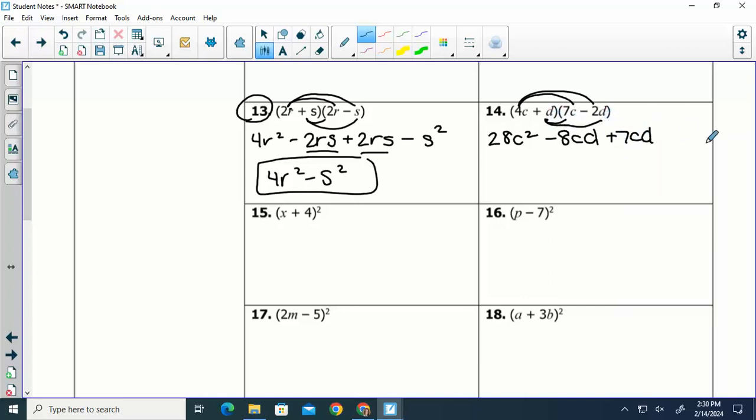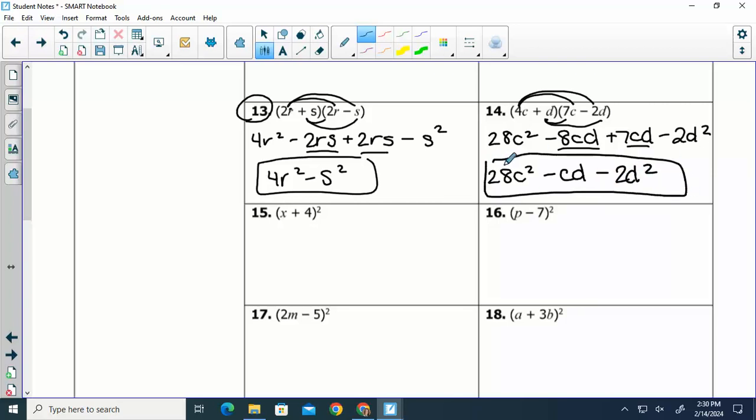And d times negative 2d, minus 2d squared. Like terms, 28c squared plus, negative 8 plus 7 is negative 1cd. What's 2d squared? Oh wait, that's squared, minus 2d squared.